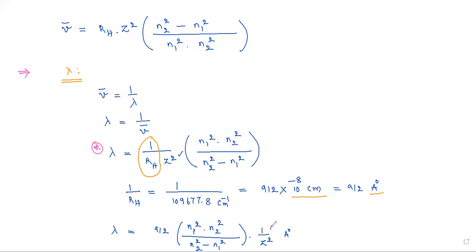We have taken this 1 by Z square here. Check this out. And this also is an important relation. You can solve any number of questions. You got the expression for nu bar, you got the expression for lambda.